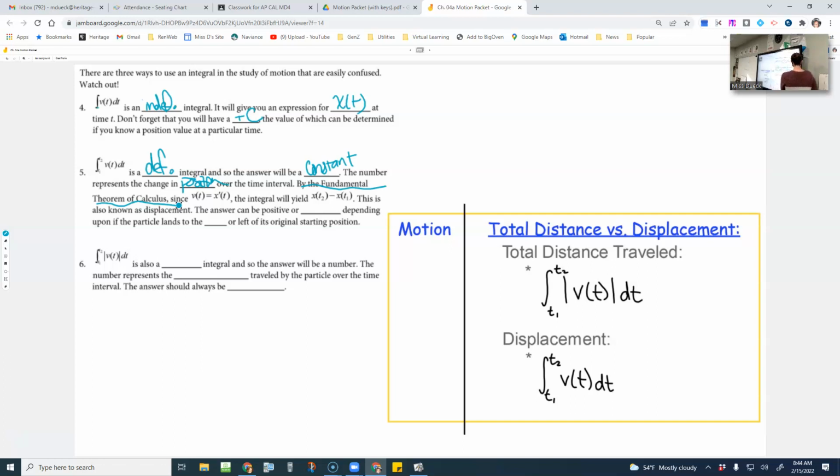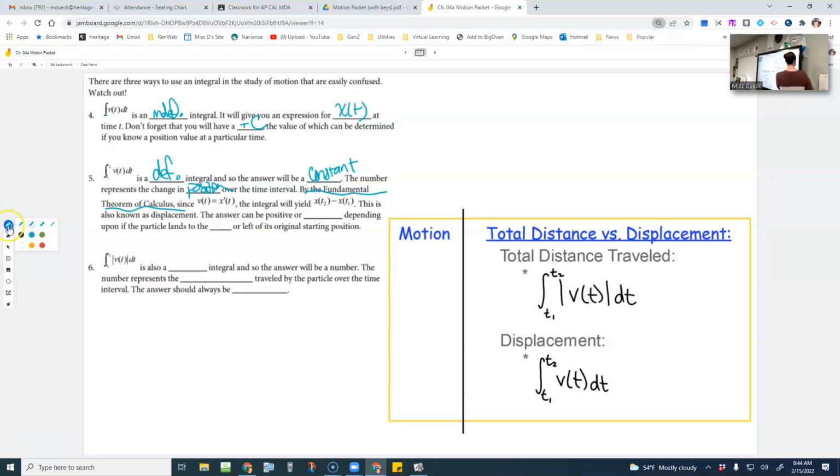In physics, we would call this displacement. The answer can be positive or negative depending on whether I am to the right or to the left, whether I am above or I am below my initial starting point or my reference point.